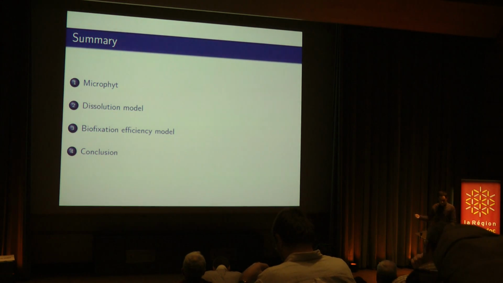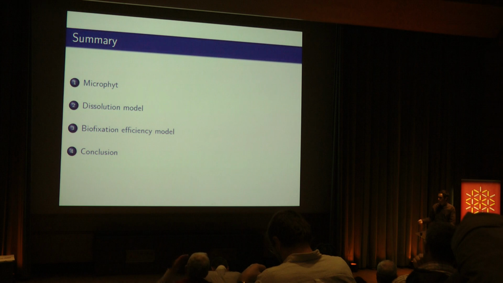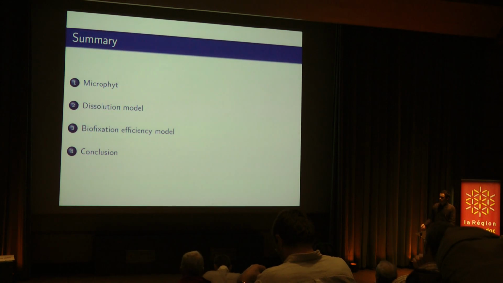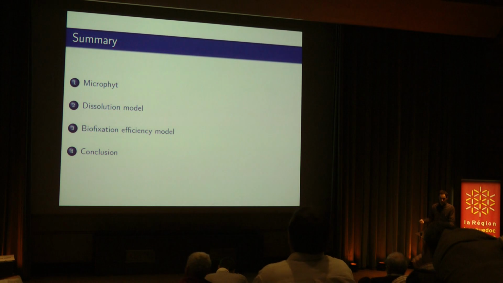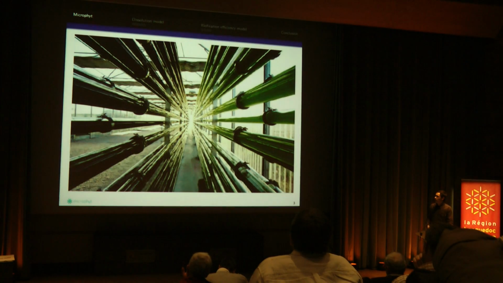So I will briefly reintroduce Microphyt, this project, and then a dissolution model and how to complete the dissolution model in order to predict the CO2 contained in the biomass. Currently, 2 photobioreactors are operated at Microphyt in Valiorgue.